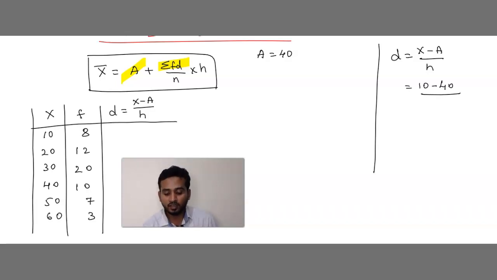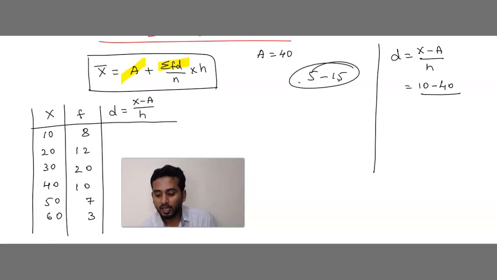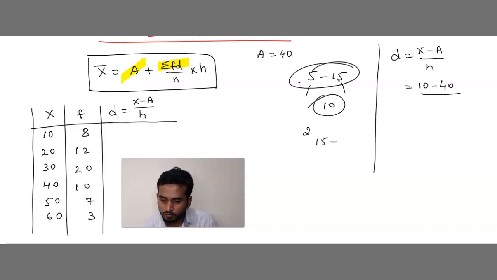h is nothing but size of class interval. That means we have 5 to 15, just subtract 15 minus 5, highest minus lowest. 15 minus 5, that is 10. Again you can see one more, 25 minus 15, just subtract highest number minus lowest number.